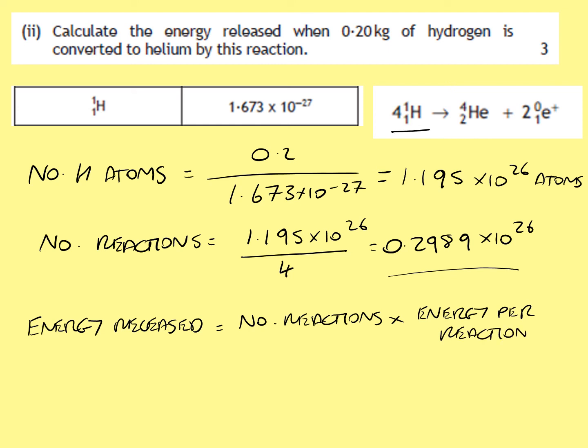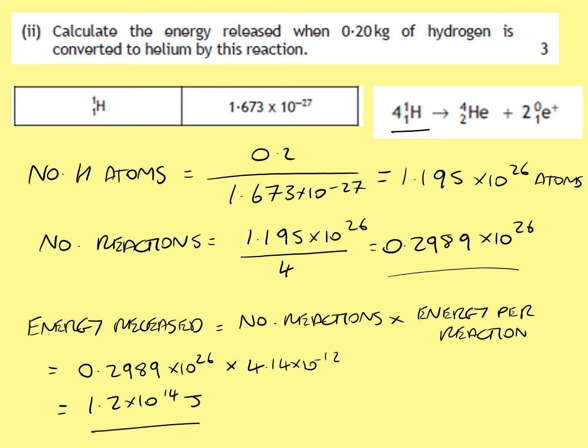So we'd need to look back at our previous answer, but this works out to be 0.2989 times 10 to the 26 multiplied by 4.14 times 10 to the negative 12, or whatever value you had, because you may have calculated a different value. So you get the marks as long as you're consistent. And that is equal to 1.2 times 10 to the 14 joules.